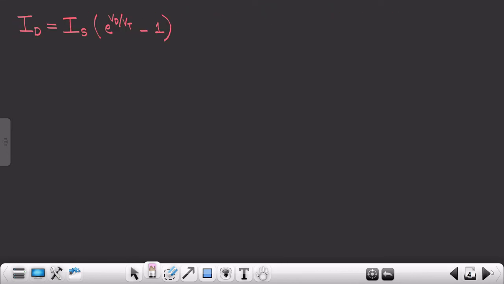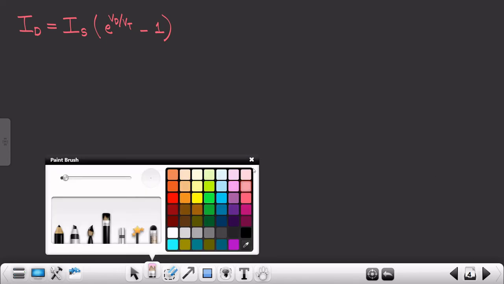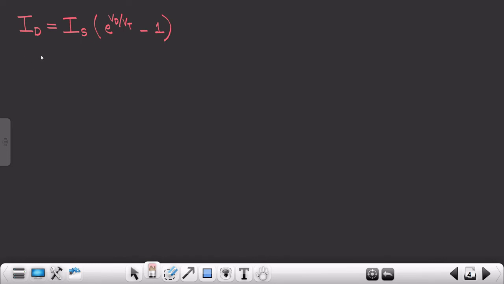So I need to derive certain things. Just a second, yeah. We all know this particular formula, so I'll just extend it. ID is equivalent to IS into e raised to Vd by Vt minus IS.